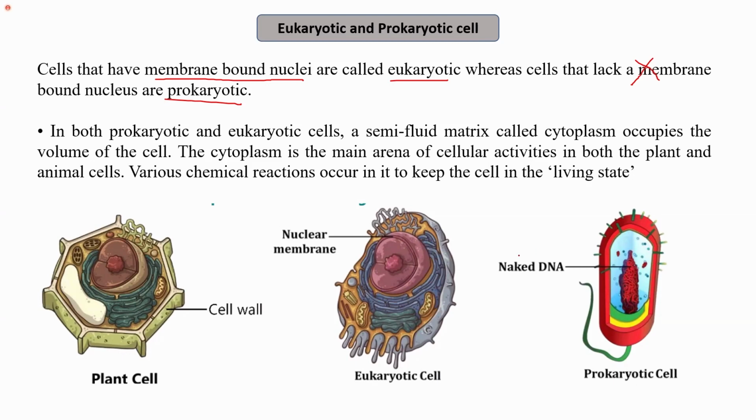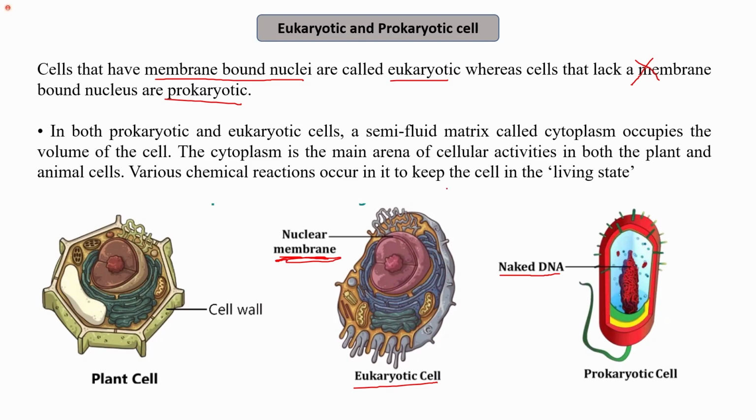But in a prokaryotic cell, on the other hand, we will see it's a naked DNA. Naked DNA means a DNA which is lying freely in the cytoplasm, not surrounded by any membrane. But in a eukaryotic cell, we can clearly see that it is a membrane-bound nucleus. So a nuclear membrane is present, that is, a membrane surrounds the nucleus. This is one of the major distinctions between a eukaryotic cell and a prokaryotic cell.